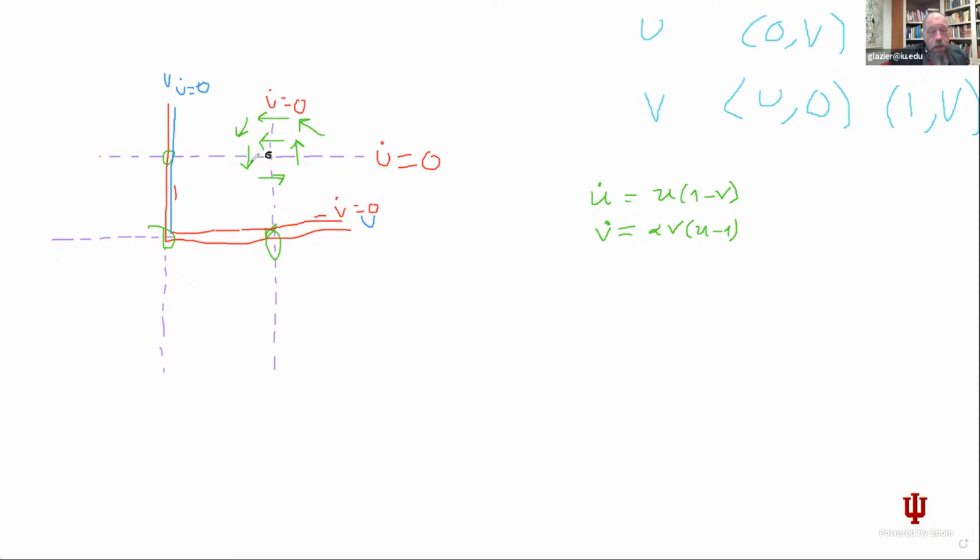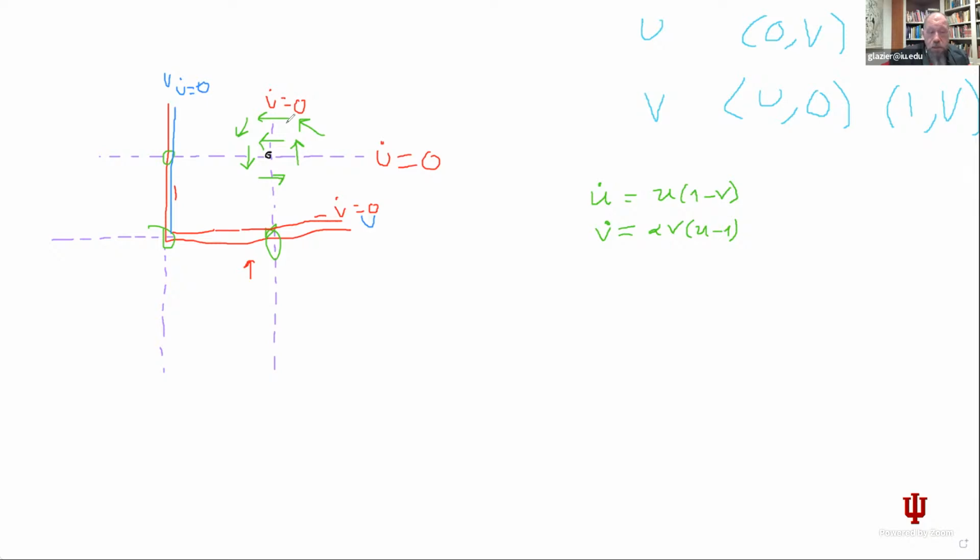the direction of movement in v will change. And so if we're going down here, then we would be going up when we cross the v dot null-cline. And so we would be going this way here. And let's see, are there other ones that would be doing something like that? This is the v dot. Did I mislabel this?